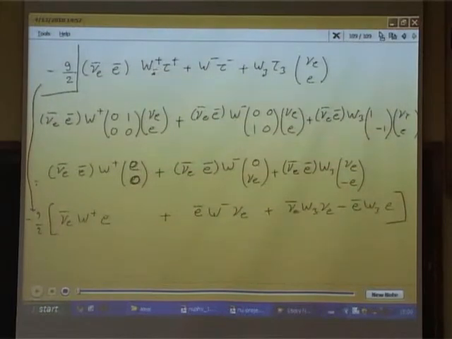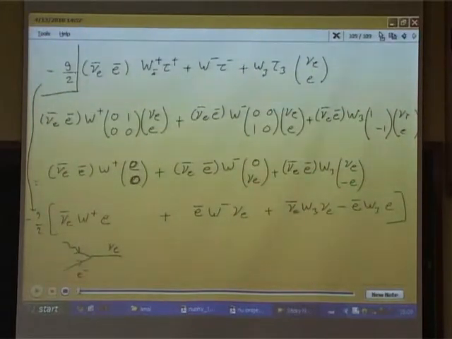So what does this mean? This means that I have got a vertex, the nu E bar W plus electron vertex, with the electron coming in, W minus coming in, and a neutrino going out. Bars correspond to going out.